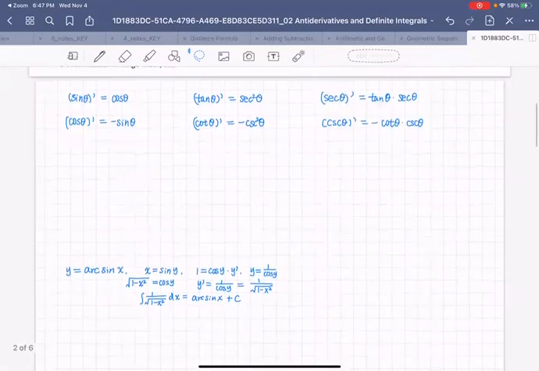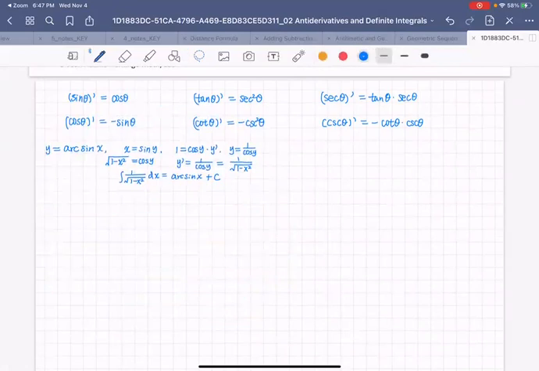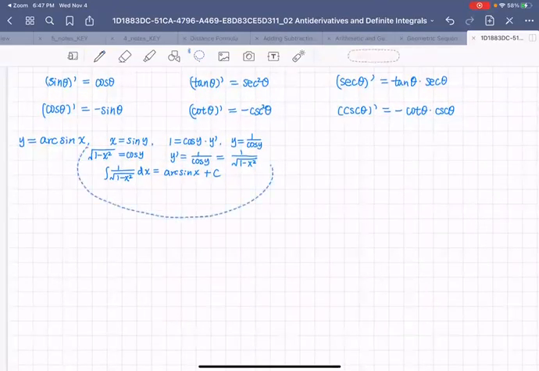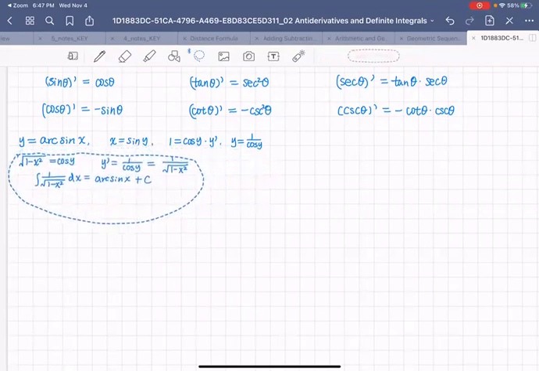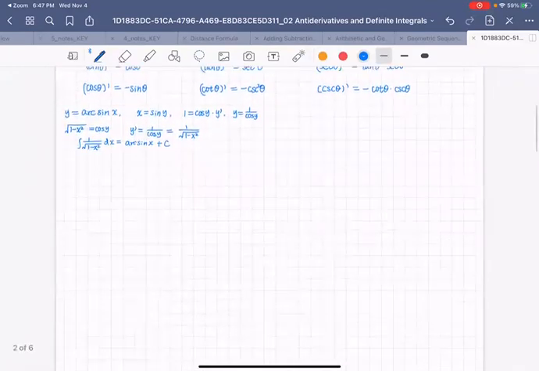Now let's do this one. We already figured out the arc sine x, this guy, and we can get that formula. The next one is y equals arc cosine x.